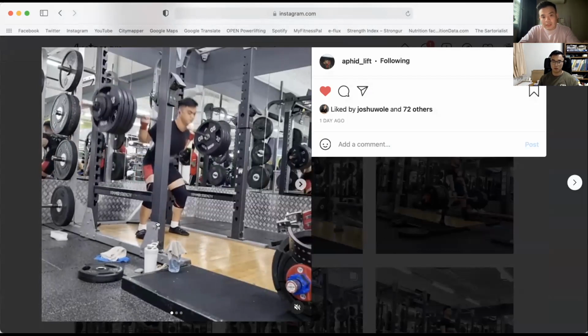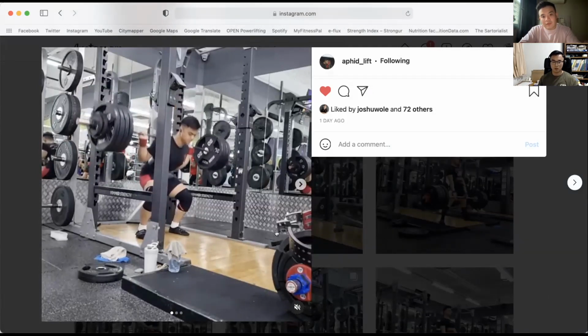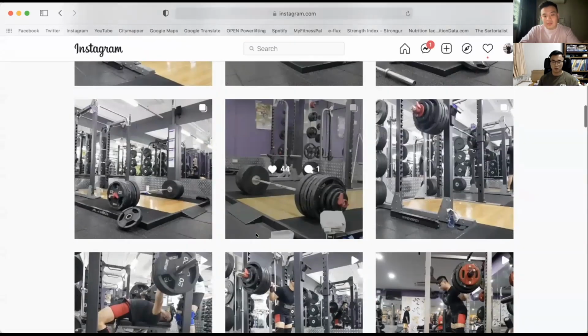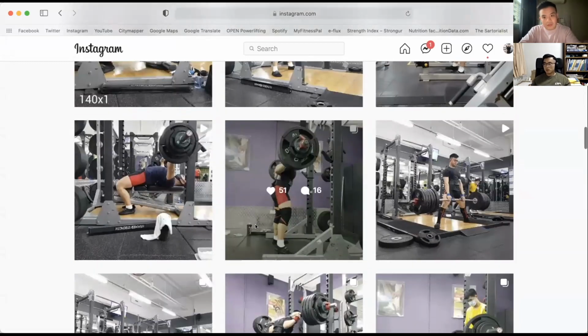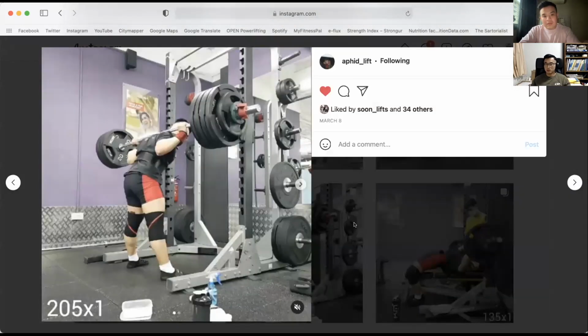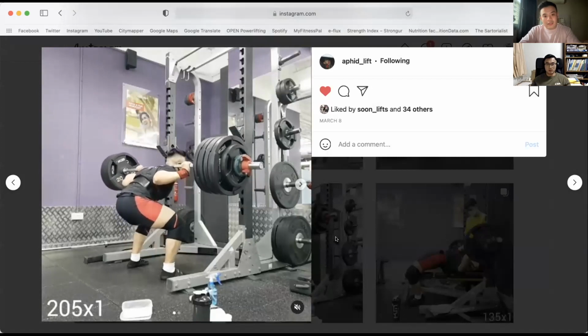But the thing that he's able to do a little bit better is keep those knees forward. So this is 195 for 6, right? I don't think it's super challenging for him. But this is how he used to score, like 205 for 1. So we've gone through a lot.